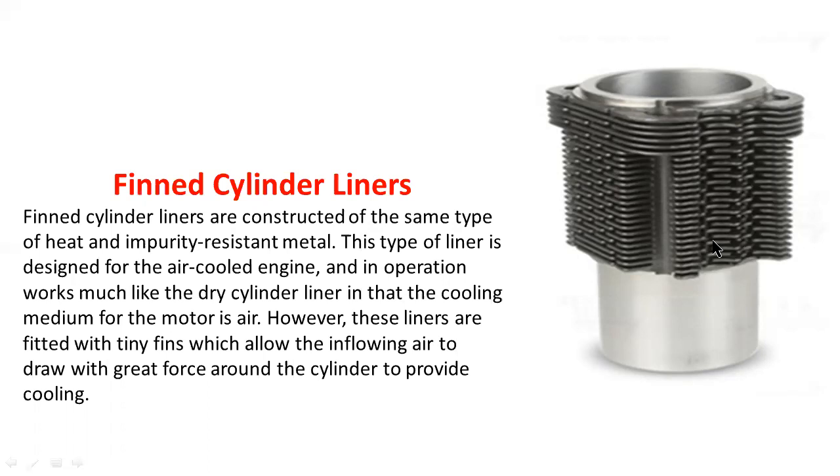This type of liner is designed for the air cooled engine, and in operation works much like the dry cylinder liner in that the cooling medium for the motor is air. Moreover, these liners are fitted with tiny fins, which allow inflowing air to draw with great force around the cylinder to provide cooling.